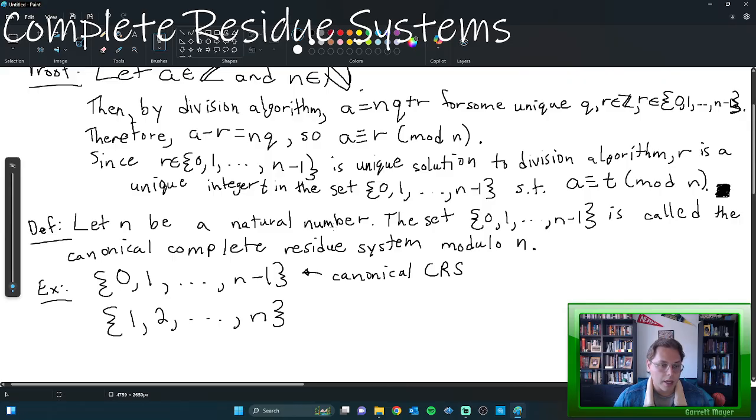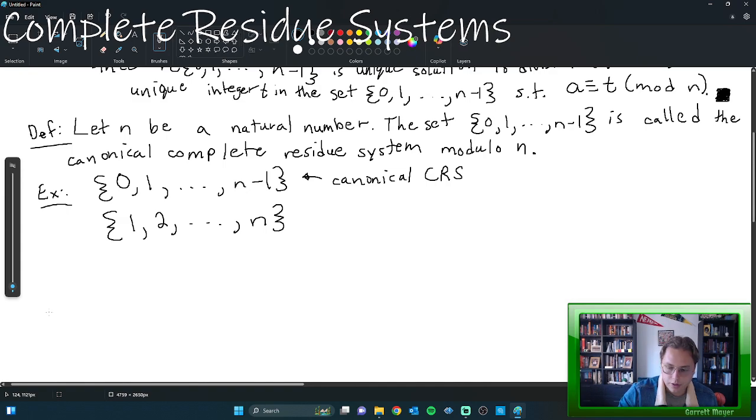So any number that you would have in the canonical complete residue system as equivalent to 0, you could just write as congruent to n. So that would also be another example. So we need a more general definition besides just the canonical complete residue system.